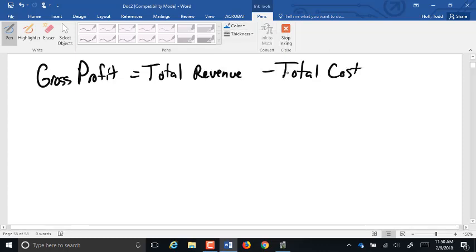Now, here's a case where we're actually going to combine this formula with some other formulas, because total revenue we just saw was selling price times the number sold.